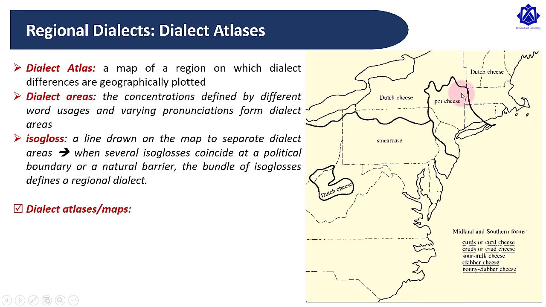And those isoglosses make a bundle of isoglosses. So a bundle of isoglosses always tells us that in this place you have a regional dialect.